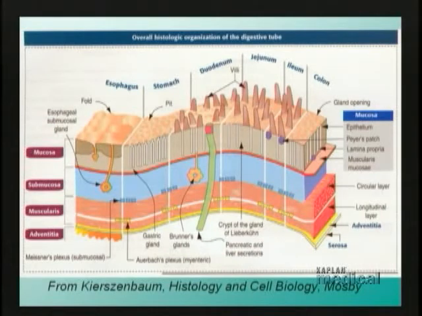And again, you can see fundamentally, as we illustrated previously, the structural layers of the GI tract begin with a mucosa, which is epithelium plus underlying lamina propria, plus a thin layer of the muscularis mucosae. Underneath that, a submucosal layer that may or may not have some glands in it. And then the muscularis layer consisting of longitudinal and circular layers of smooth muscle.